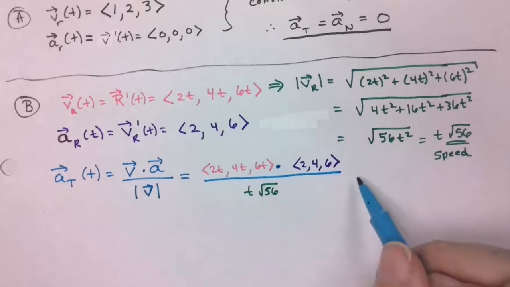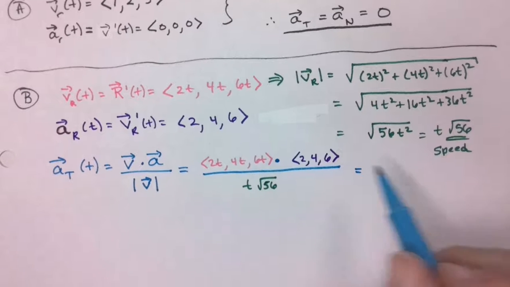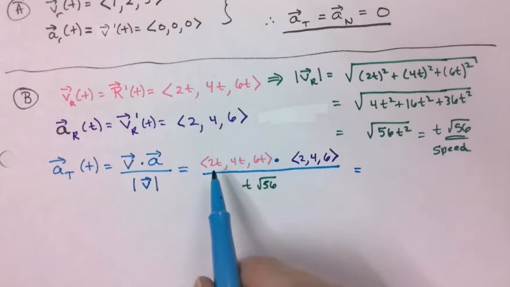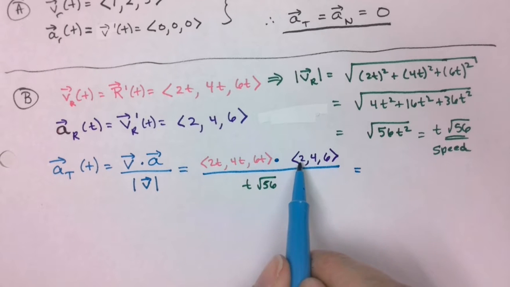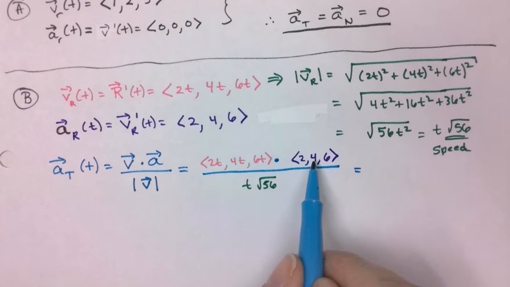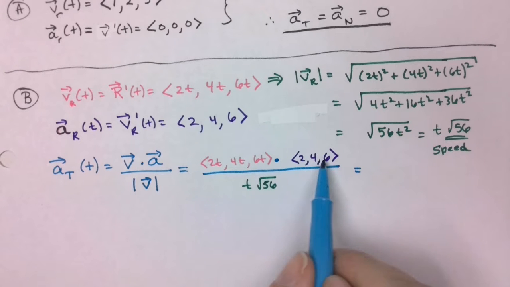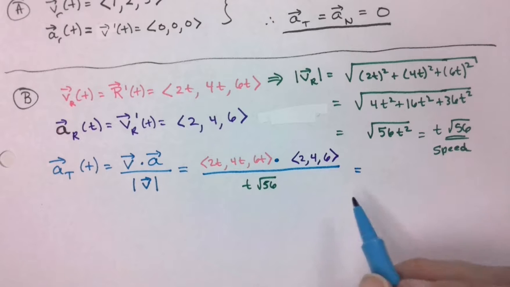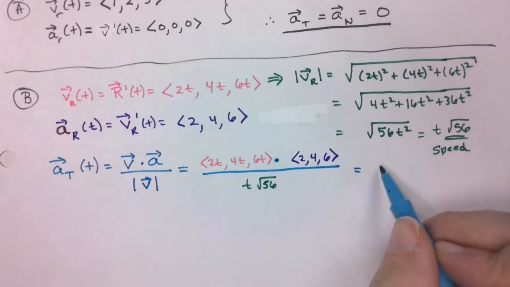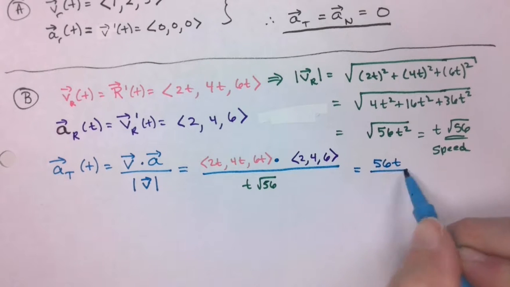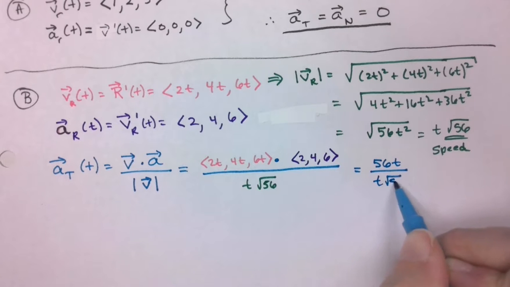That would yield, well, let's see, 2 times 2 is 4, 4 times 4 is 16, and 6 times 6 is 36. So this would be 56t over t times the square root of 56.